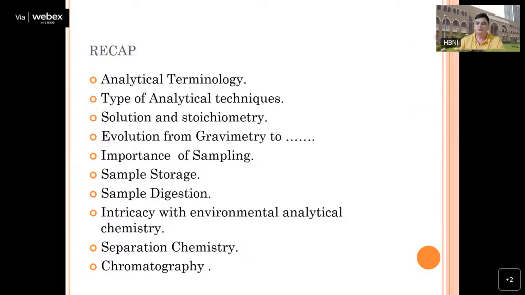Okay. So because it is not always possible that you collect the sample and start doing the analysis immediately, during the storage or transportation of the sample, you should not lose or contaminate your analyte.